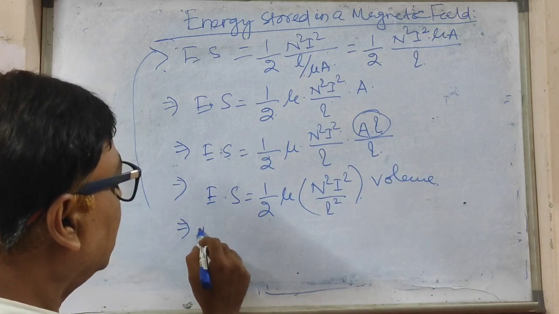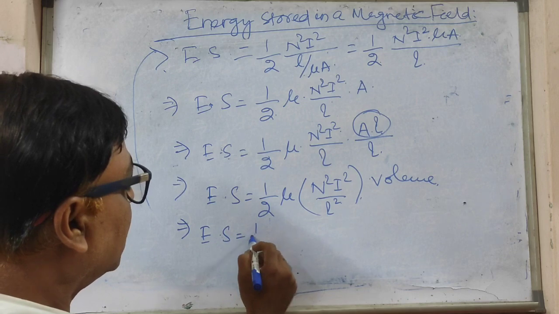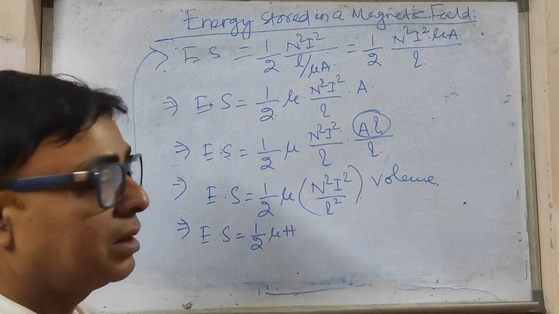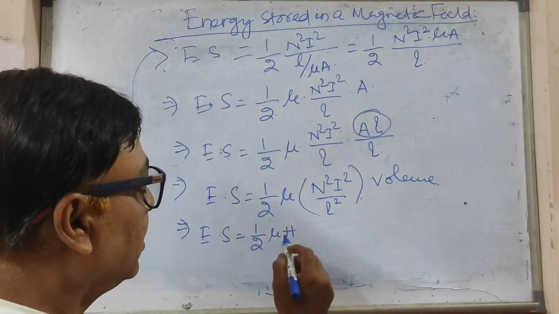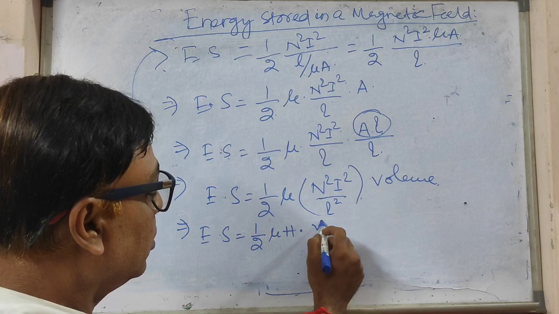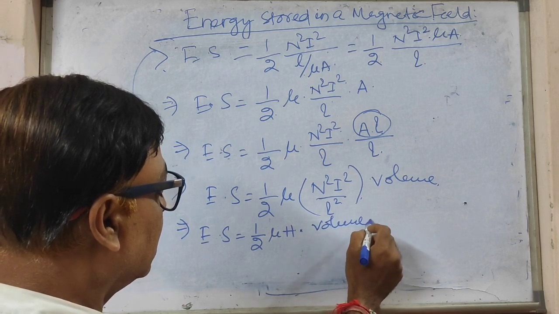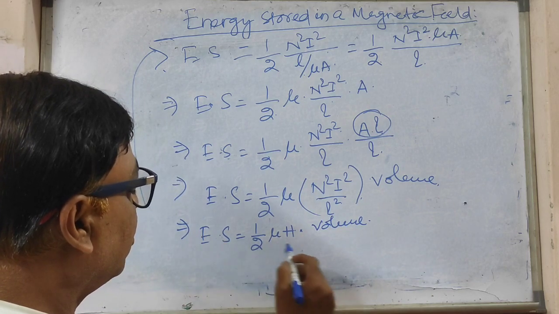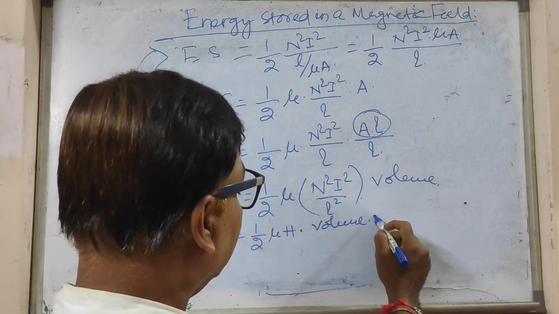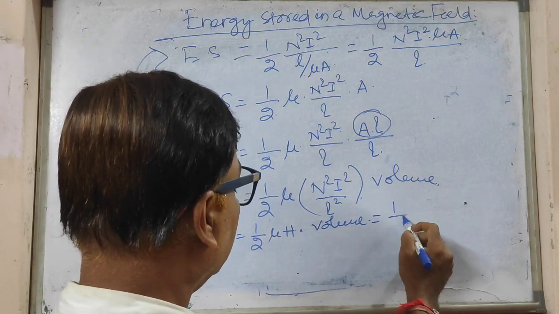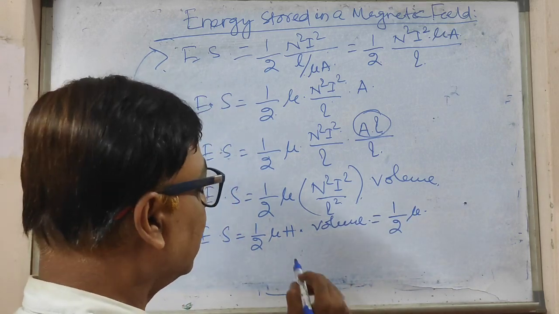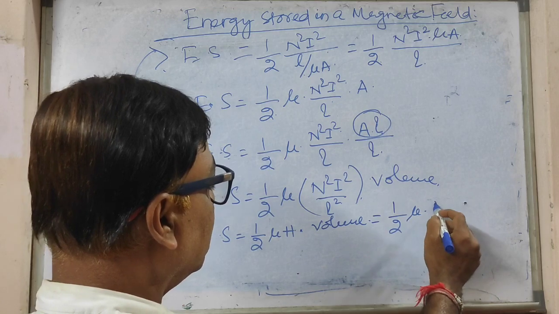So this equation leads to 1 by 2 mu H square into volume, since N I by l is equal to H, the magnetic field strength or magnetic field intensity. This is the energy stored. In fact, we know that B is equal to mu H, so H is equal to B by mu.